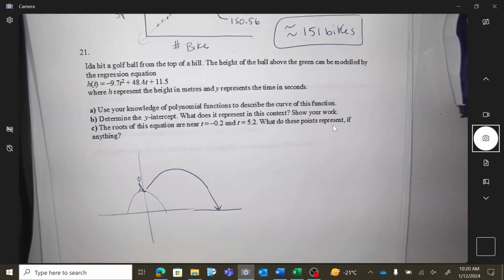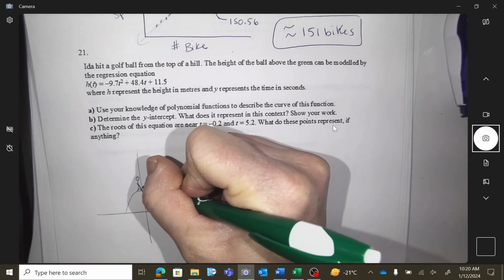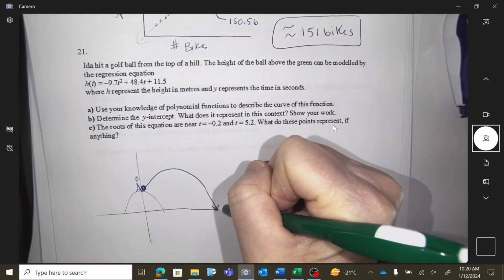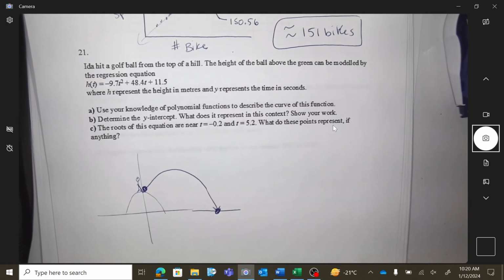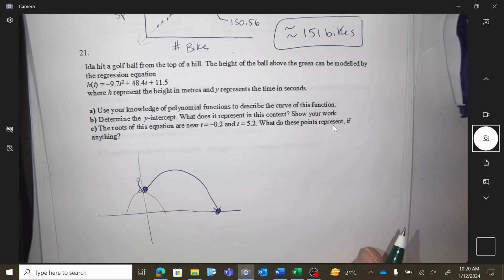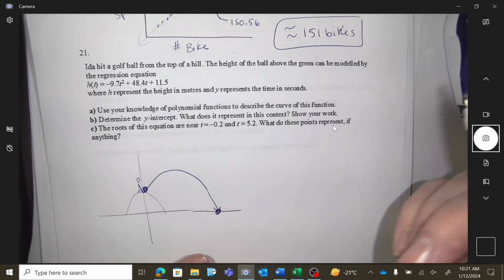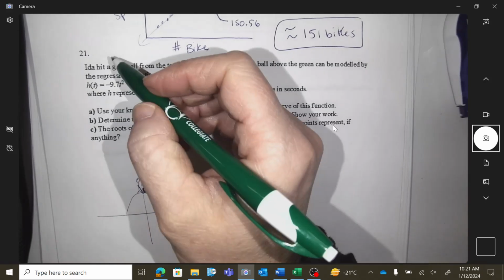Hit the ground, right? So kind of using your knowledge, kind of how did you know that?